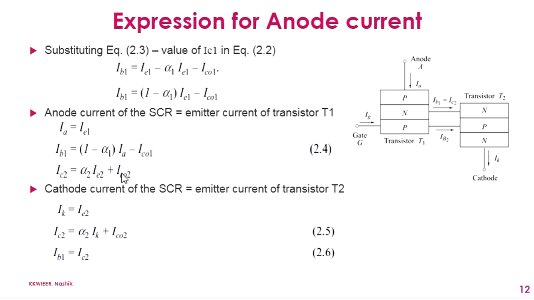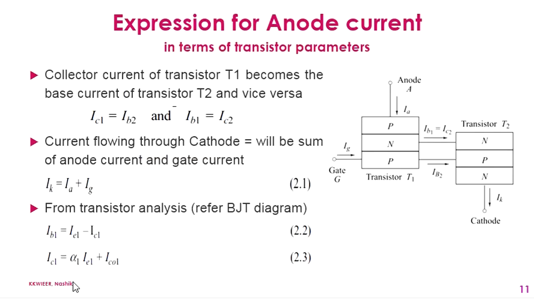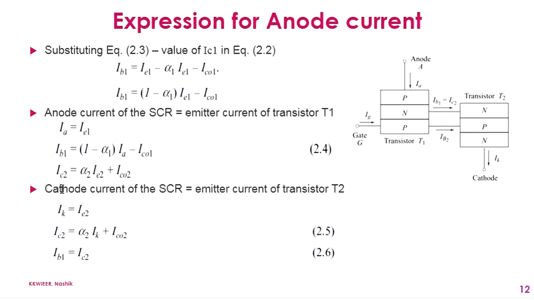As we have written this expression for IC1, that is, the collector current is equal to alpha 1 times emitter current plus leakage current, similarly the expression is written for IC2 as alpha 2 IE2 plus ICO2.